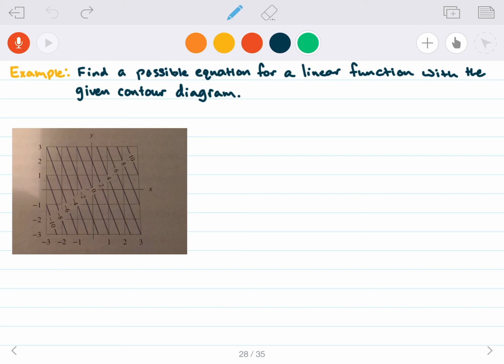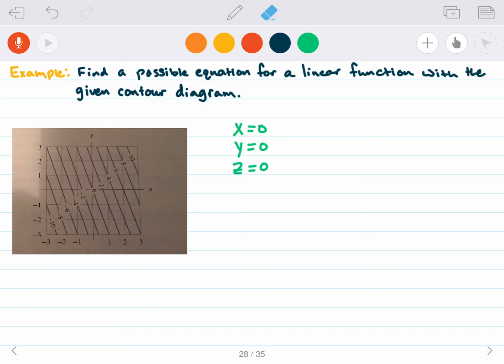So we can figure out what our n and our m are just by looking at this 2D picture. The first thing I notice is a nice point right here on the origin. That's going to be useful later. That's the point x equals 0, y equals 0, and z equals 0. So that's a point on this linear function.